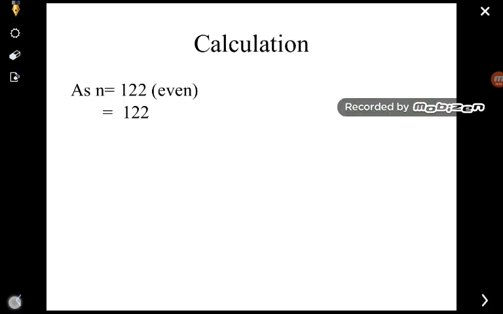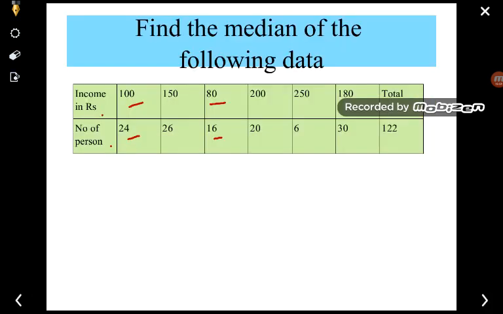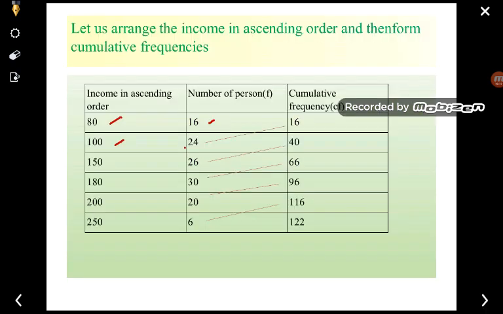In this way we arrange in ascending order. After 100, 150 is taken, then 180, then 200, and then 250, and the related frequencies are written beside them in the next column. So we have written the income in ascending order with their respective frequencies.